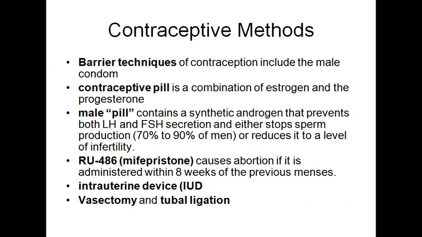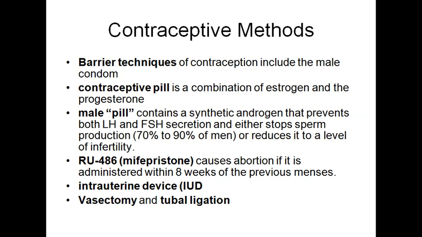These are a few contraceptive methods used in our society. They are barrier techniques, contraceptive pills, and male pills also. And there is a medicine known as RU486 mifepristone, which causes abortion if administered within 8 weeks of the previous menses.